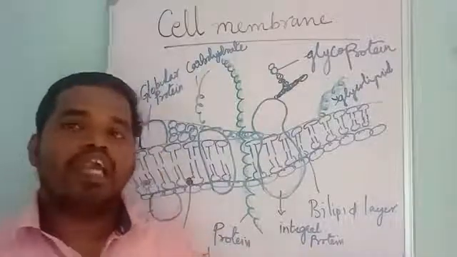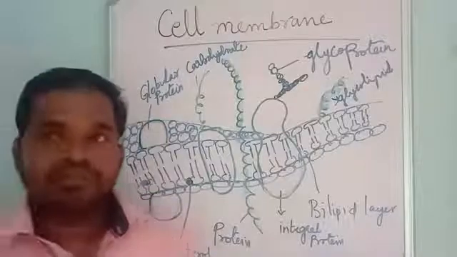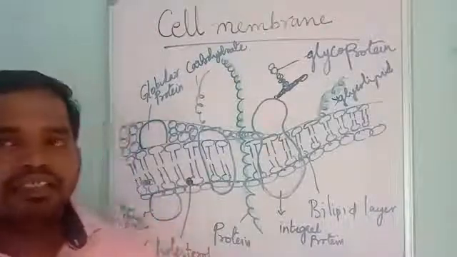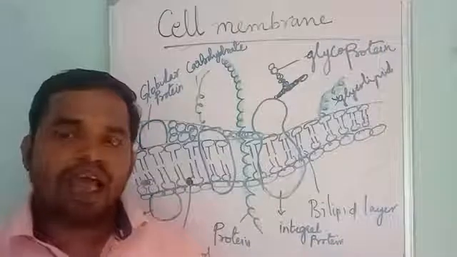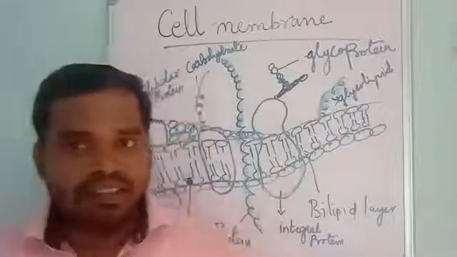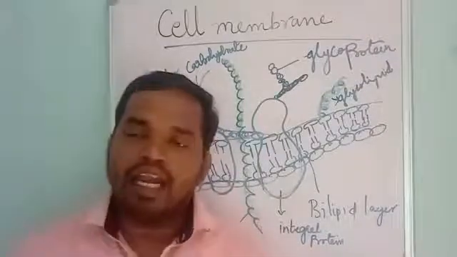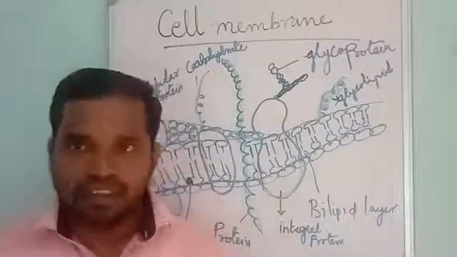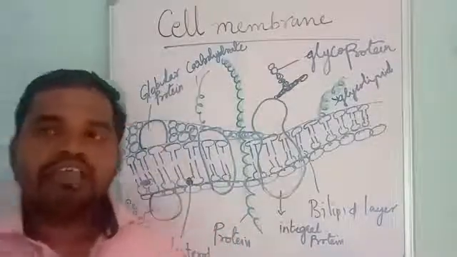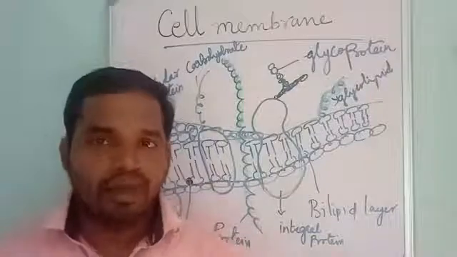Exocytosis expels substances out: the vacuole attaches to the cell membrane, then the folding happens, and finally it ruptures outside of the cell membrane. That is exocytosis. Exo means outside, endo means inside the cytoplasm.